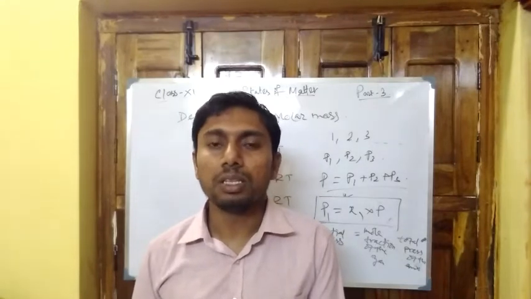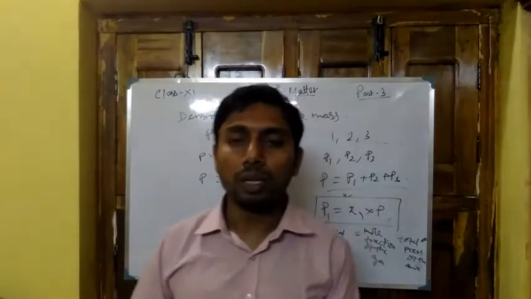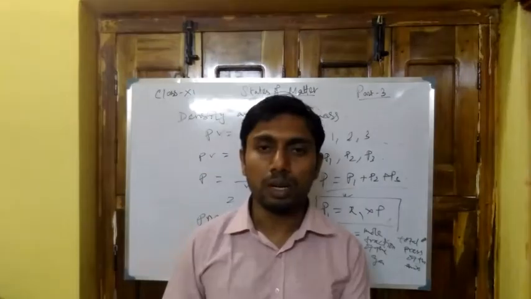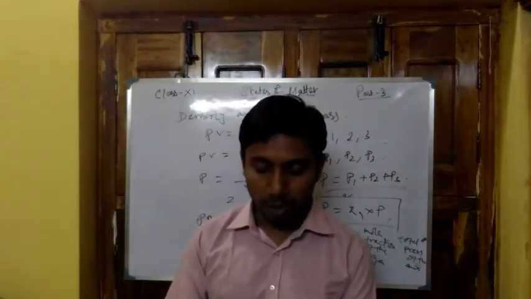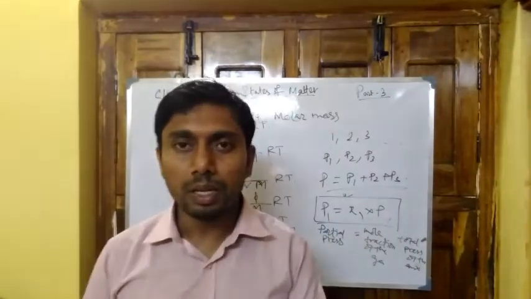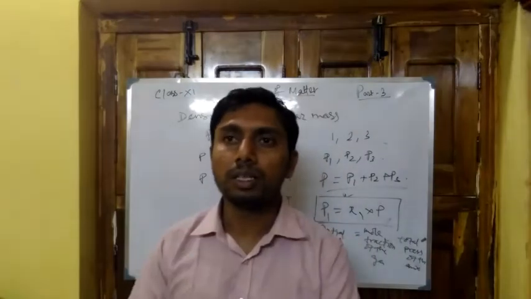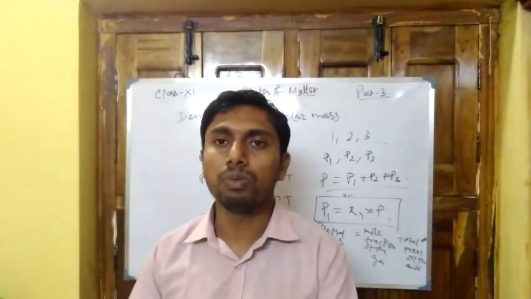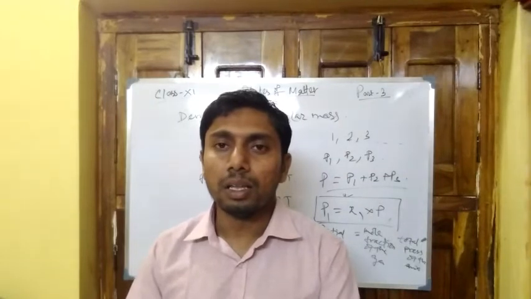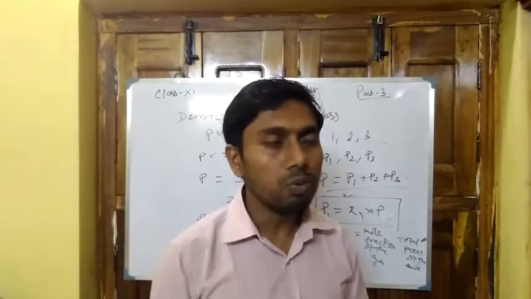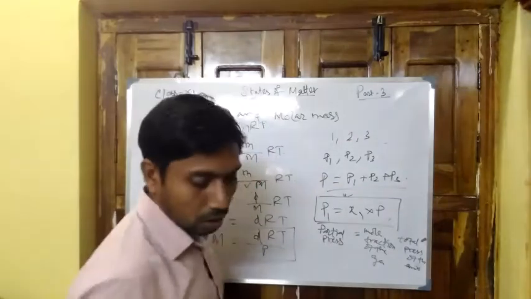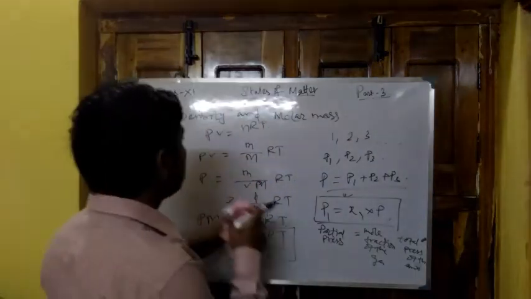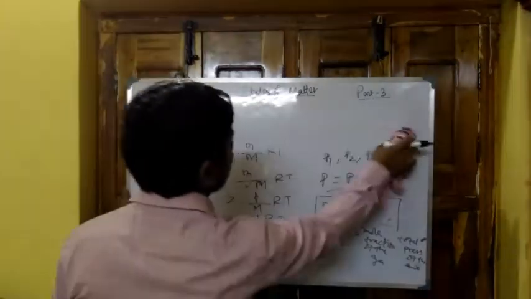So these are the three terms we have to know: average speed, root mean square speed and most probable speed. Now average speed: if there are n molecules and each one's speed is u1, u2, u3 etc., then the average speed u bar equals u1 plus u2 plus u3 divided by n.